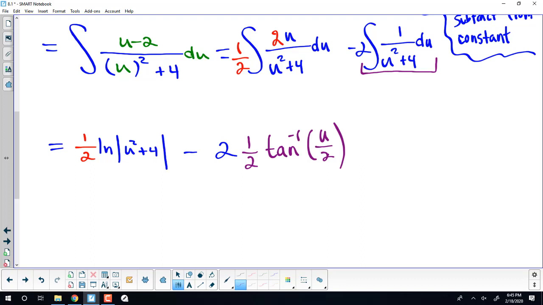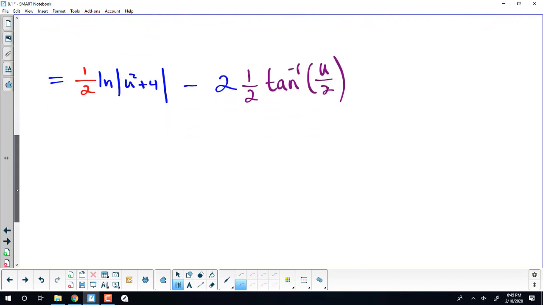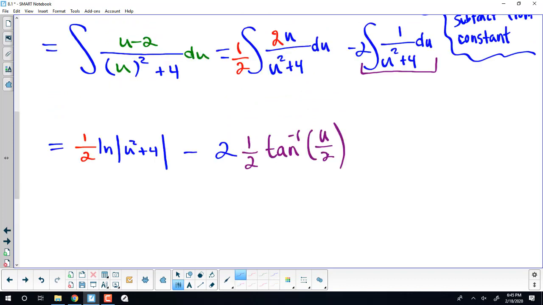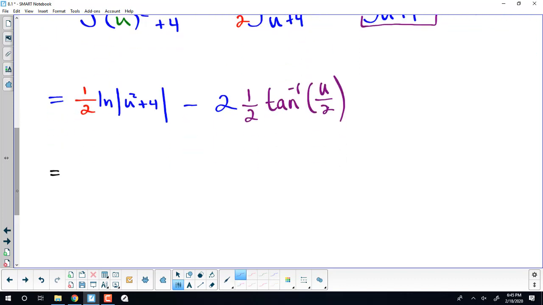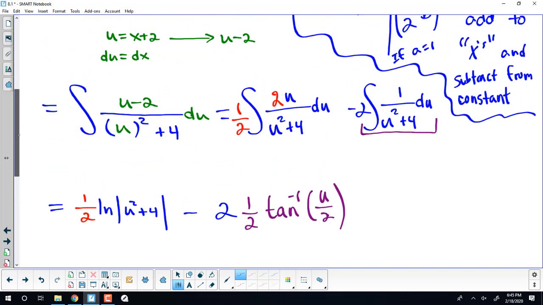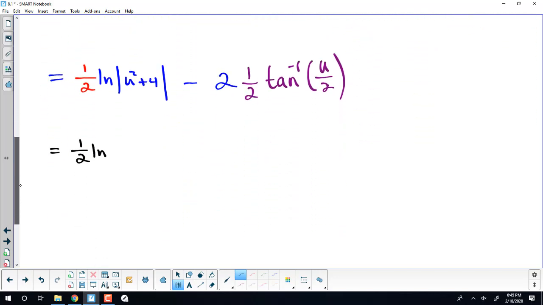So that's where we're sitting. We want everything though in terms of x, because that was the original variable. So we're just going to resubstitute for x. We have 1/2 ln of x plus 2 was u.